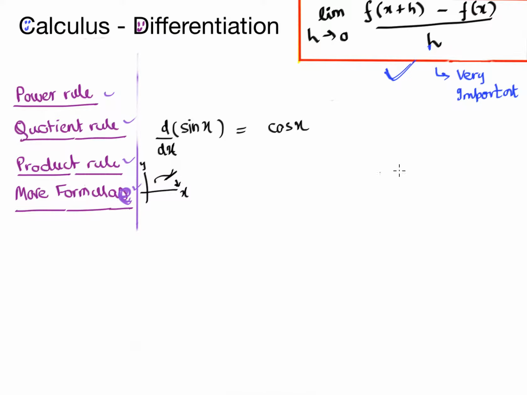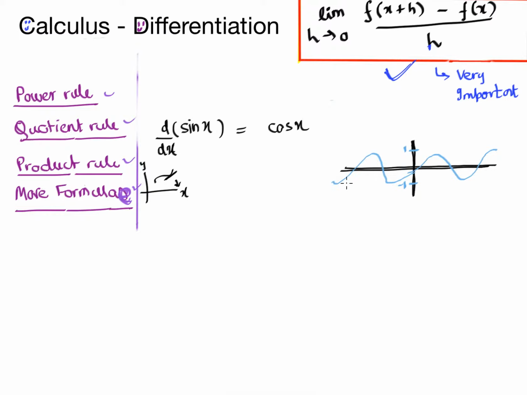Now, there's a very interesting way to look at it. That's if we have a graph of sine of x. Let me just draw it clearly because this is really interesting. We have 1 over here and minus 1 over here. So this is sine of x, right? It moves on like this.